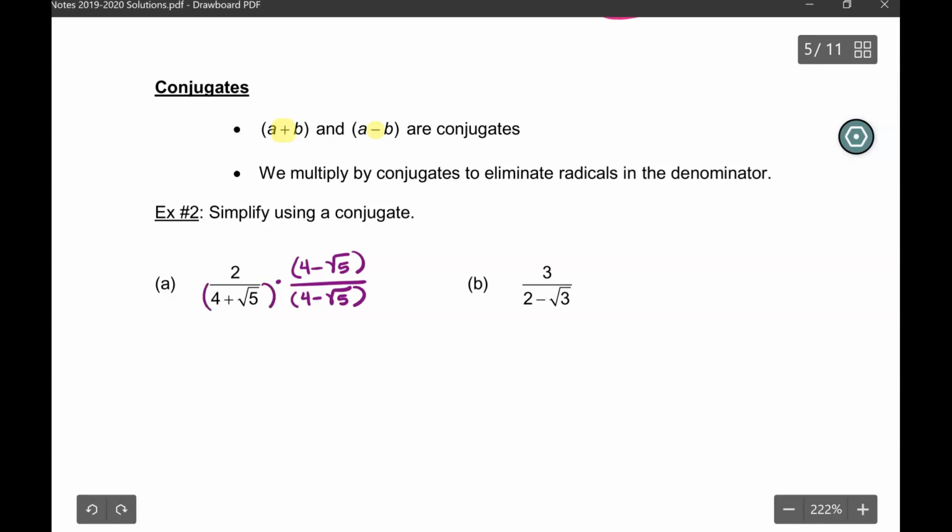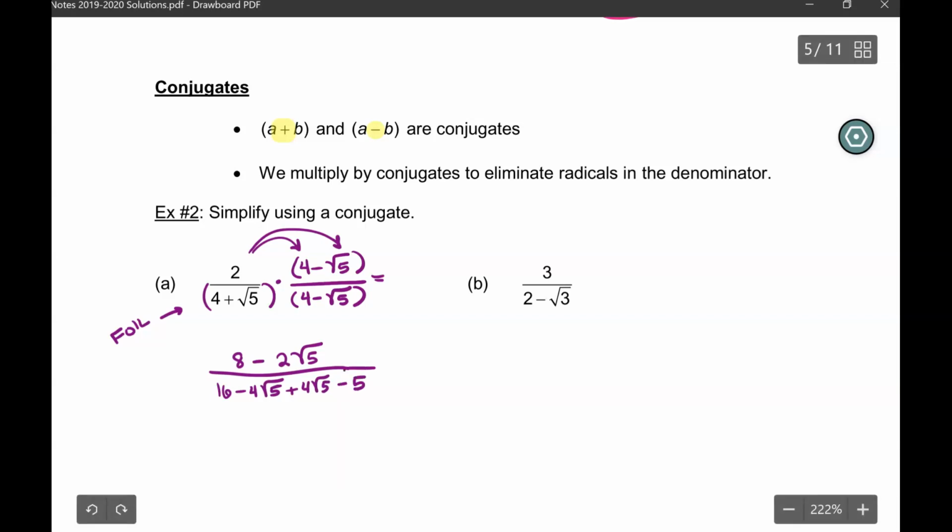Okay? All right. So in the numerator here, I'm basically distributing. So I have 2 times 4 is 8 minus 2 times the square root of 5. In the denominator, I'm going to use FOIL. So that's going to be 16 minus 4 root 5, the outside. And the inside is plus 4 root 5. And then the last, I'm going to have a root 5 times a minus root 5.